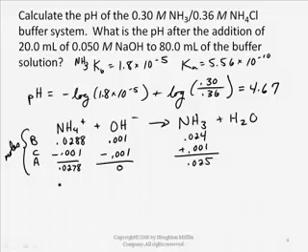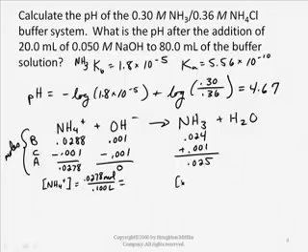So my ammonium, or my acid concentration, is 0.0278 moles in 0.1 liters, and the ammonia is 0.025 moles per 0.100 liters.